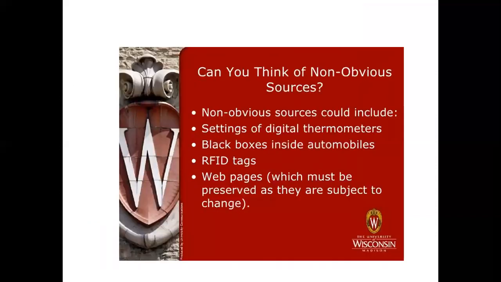So these are the obvious sources that first come to mind. And non-obvious sources are settings of digital thermometers, black boxes inside automobiles. So just to track the information of automobiles, we can put a black box inside it, some RFID tag. Then web pages. Web pages keep on changing, and some web pages can help us solve a particular crime.